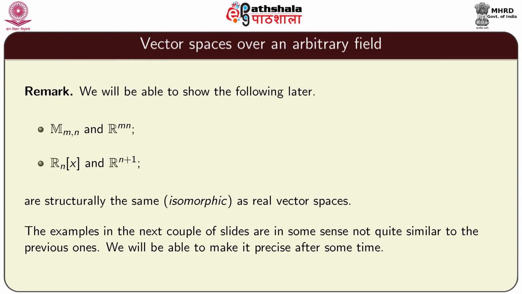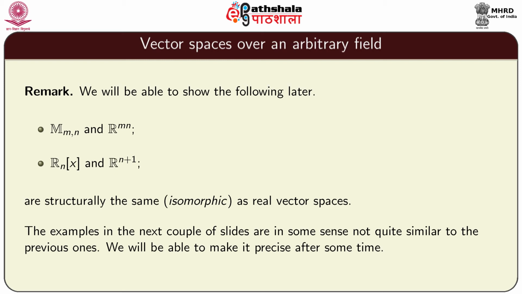Now, this is a very important remark which we do not want to explain now, but at least it is a good place where I can tell you that this set of all m cross n matrices over R and R to the power mn, where R to the power mn means the collection of all mn tuples with real entries, are structurally the same, or formally, isomorphic as real vector spaces.